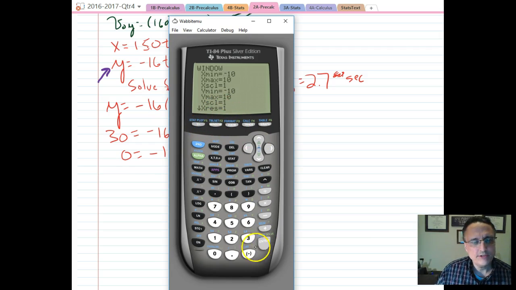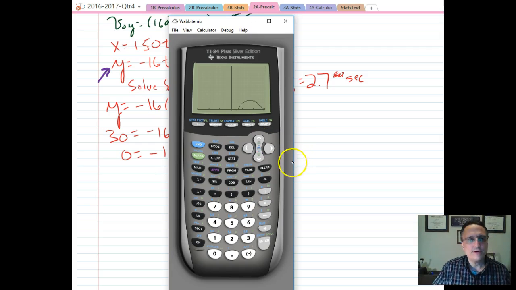So I'm going to change this to go from about minus 3 on the x to 3, and I'm going to go from about minus 2 maybe up to 100 on the y-axis. And see what happens. Alright, so there's my parabola.